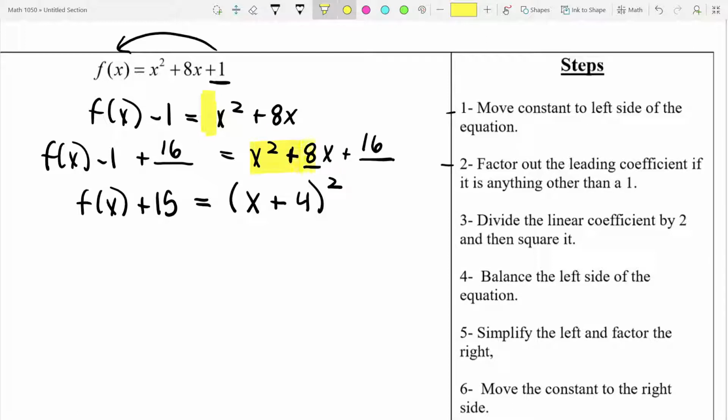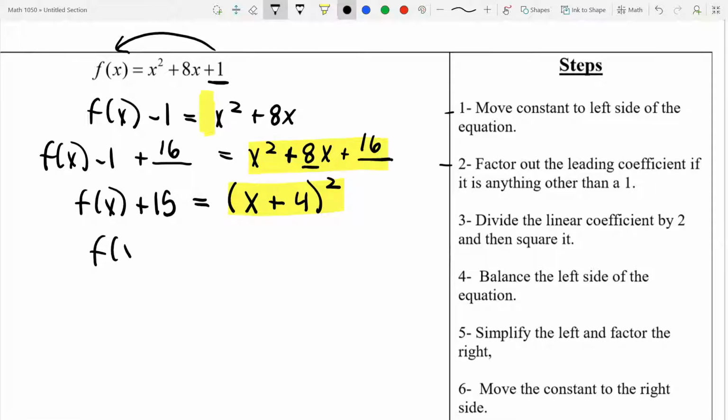What did you do to get from there to there? We can say it in one word. What's the word? You factored it. If you go x plus 4 times x plus 4, you get x to the second plus 8x plus 16. So I just factored it. Then the last step is to move the constant back over. So you have f of x equals x plus 4 squared minus 15, and that's your answer.